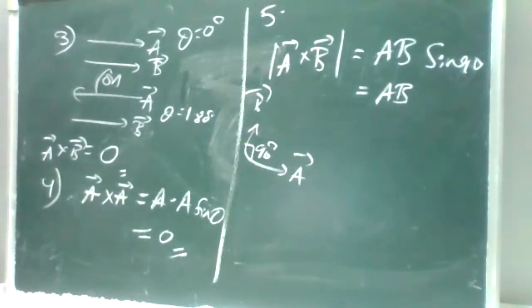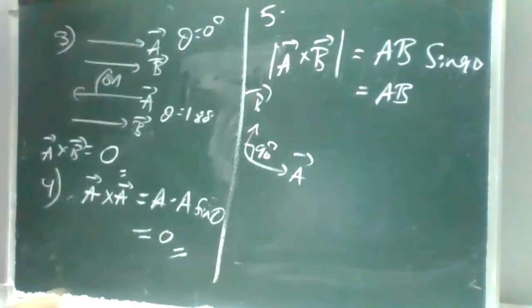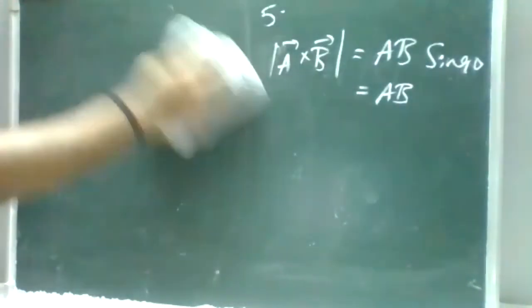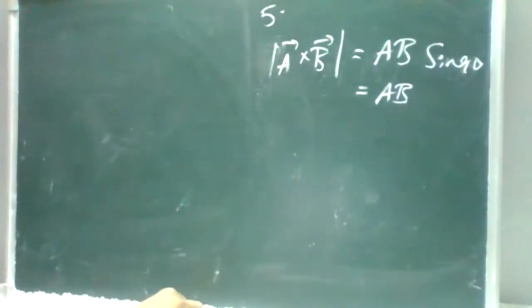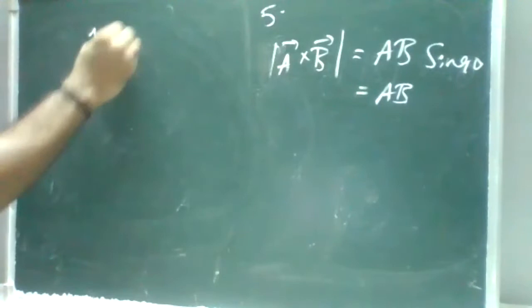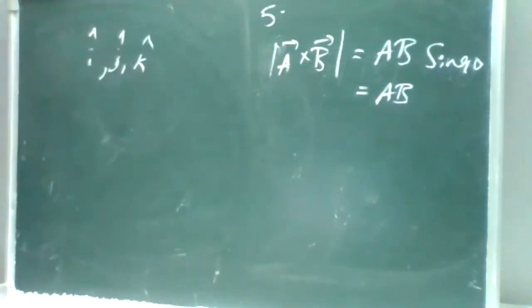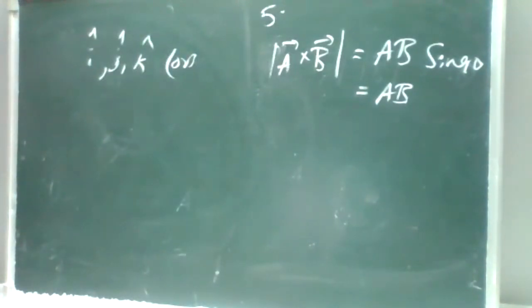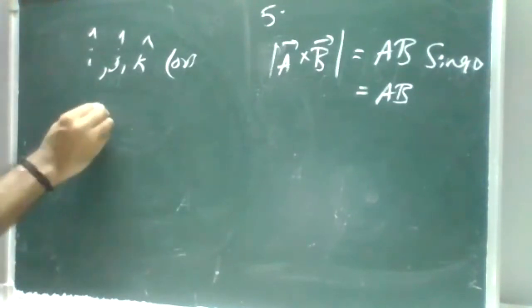Next point: the magnitude of each of the vectors is 1, that is i cap, j cap, k cap. The magnitude of each of the vectors is 1, and the angle between any two of them is 90 degrees.